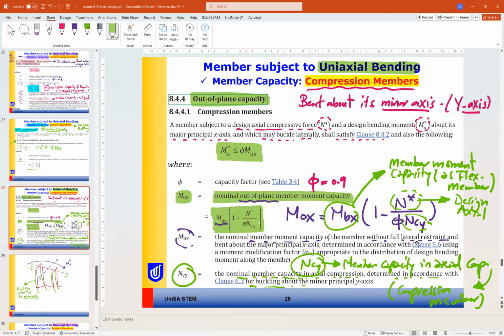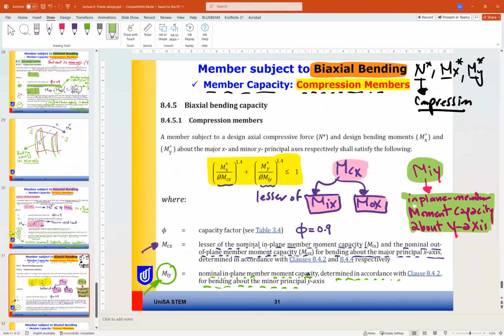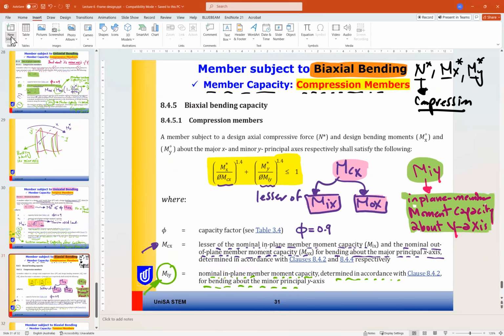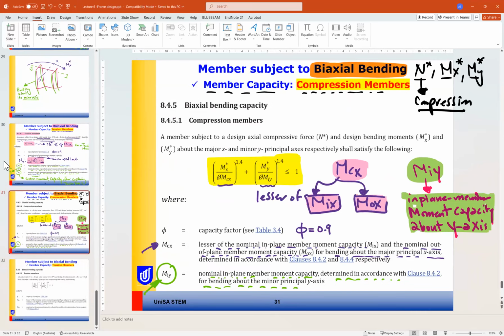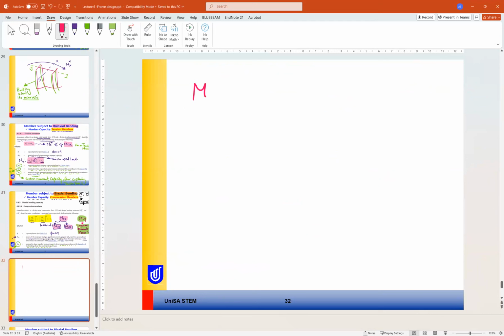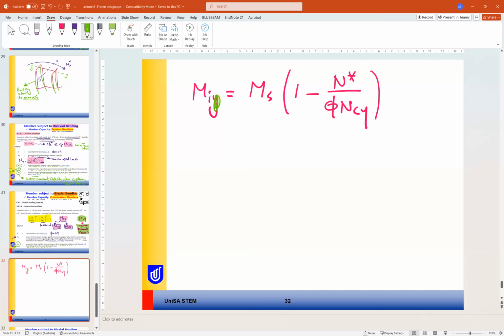This means that MIY, just write it here, equals MS times 1 minus N asterisk divided by phi NC. This is general. So if this is Y, this should be NCY.